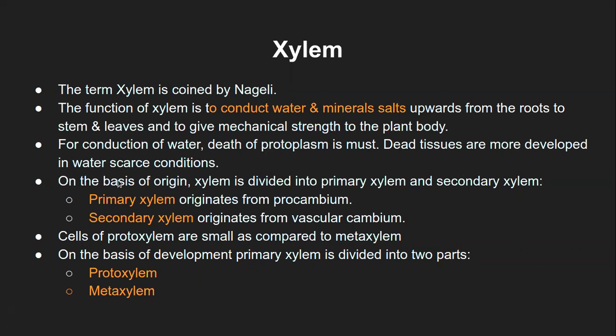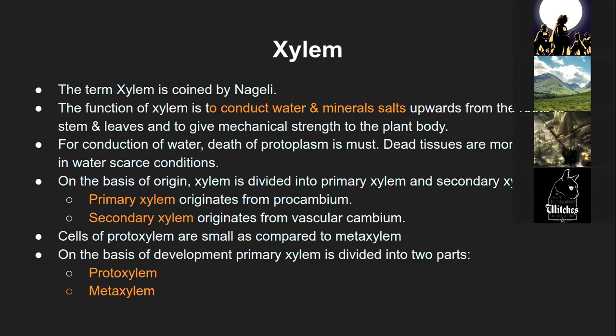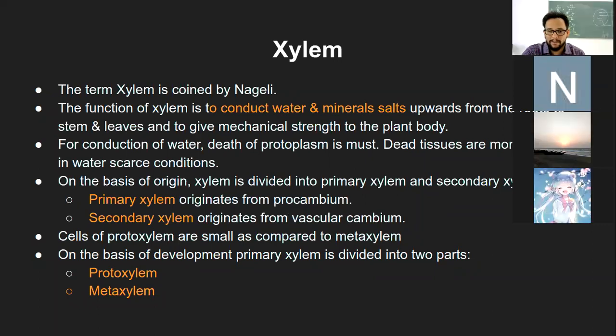Now, on the basis of origin, xylem is divided into primary and secondary. Origin in the sense of where they are present and where they are growing from. That is from procambium. Again, pro in biology does not mean how you say, oh, you are pro bro, not that pro. This pro means the origin of, or the earlier version of, a particular structure or characteristic, right?